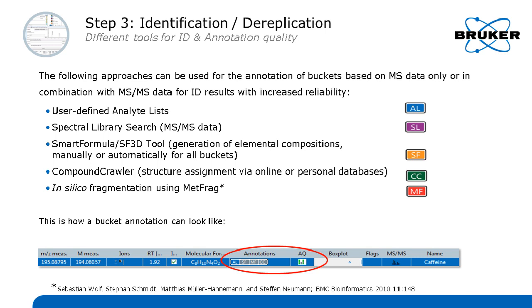And then if you do not have an annotation here, you can still go on and calculate the sum formula of these buckets, and this can be done in batch by the smart formula algorithm. And as an unknown workflow, you can then query online databases, for example, ChemSpider and PubChem, for the determined sum formula, and get chemical structures which are already published in databases.